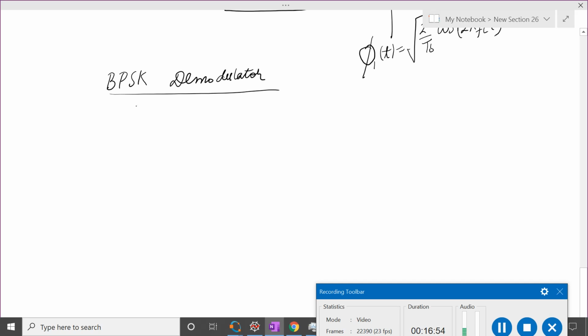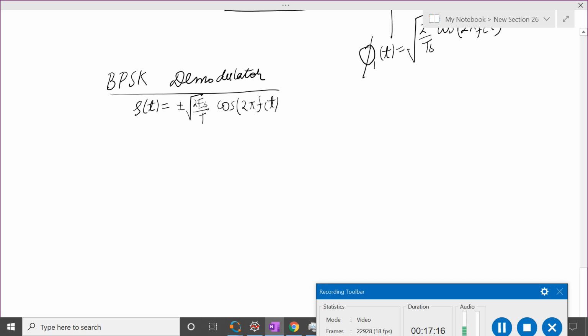So you have S of t as plus or minus root of 2 EB by TB, depending upon whether it is 0 or 1, cos 2 pi FCT. This is the BPSK signal.